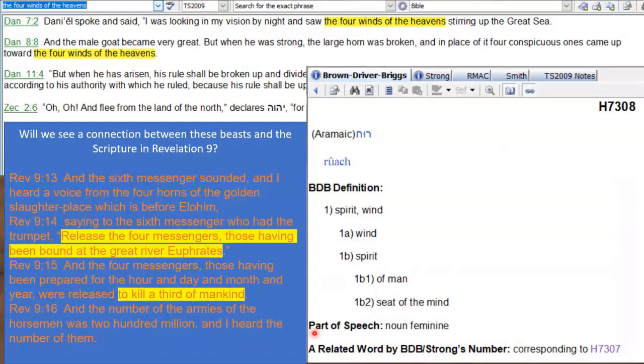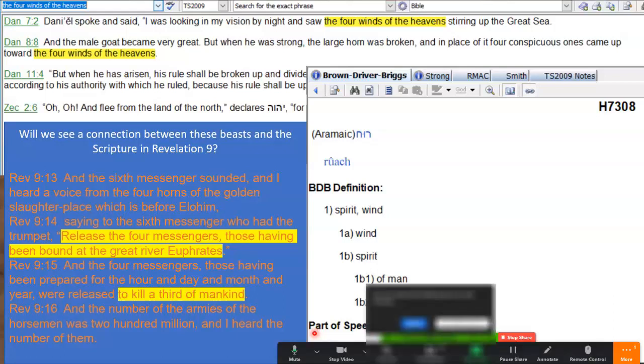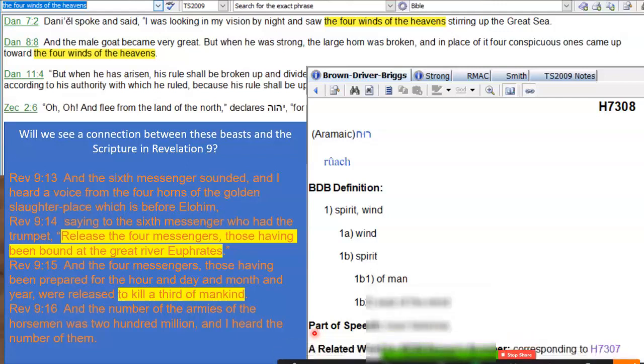This is just a question I'm posing, because Revelation 9:13 through 16 reads, and the 6th messenger sounded, and I heard a voice from the 4 horns of the golden slaughter place, which is before Elohim, saying to the 6th messenger who had the trumpet, release the 4 messengers, those having been bound at the great river Euphrates, and the 4 messengers, those having been prepared for the hour and day and month and year.